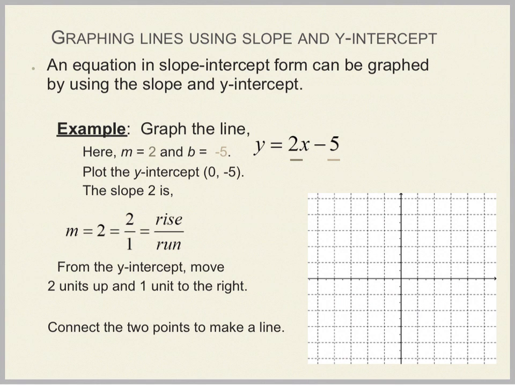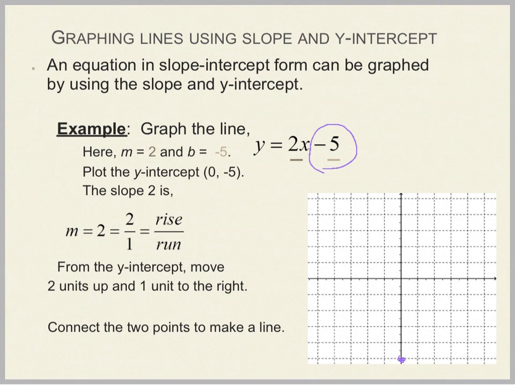When we have the equation of a line in slope-intercept form, we can use that to help us graph the line. We know then that our b value of negative 5 is our y-intercept, so 0, negative 5 is a point on this line.